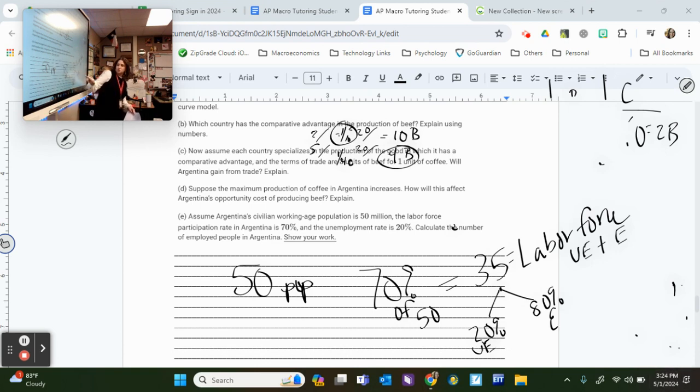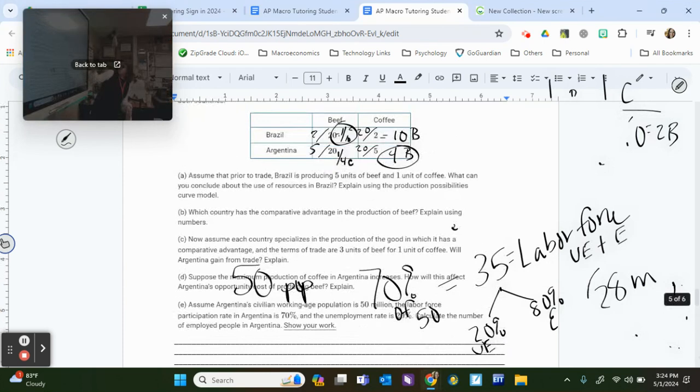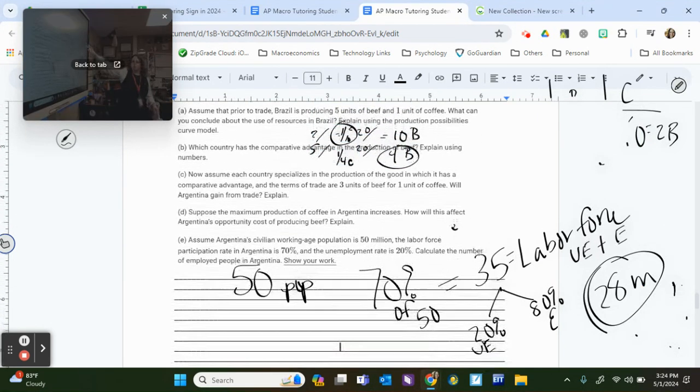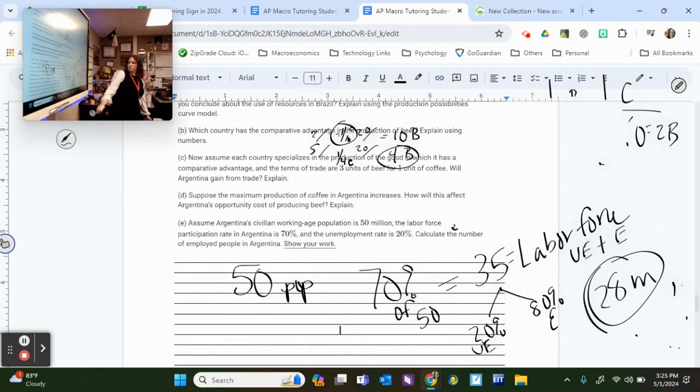We're trying to calculate the number of employed people. So 80% of 35 is 28. There are 28 million people employed. So 80% of 35 gets you that number, 28.